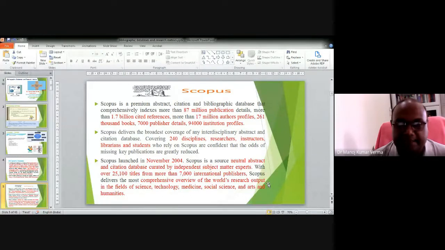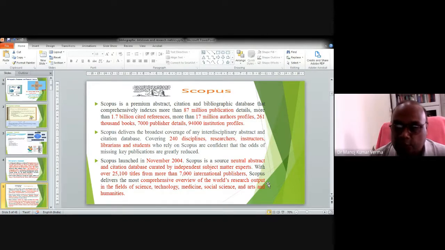Scopus is a premium abstract, citation and bibliographical database that comprehensively indexes more than 87 million publications, more than 1.7 billion cited references, more than 70 million author profiles, 261,000 books, 7,000 publishers' details, and 94,000 institution profiles.